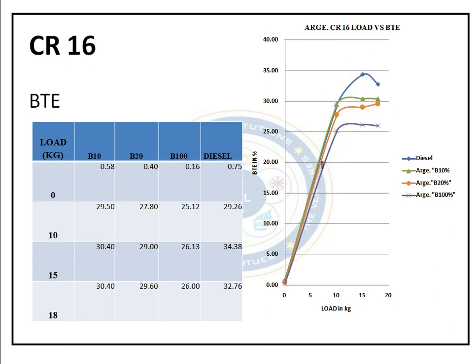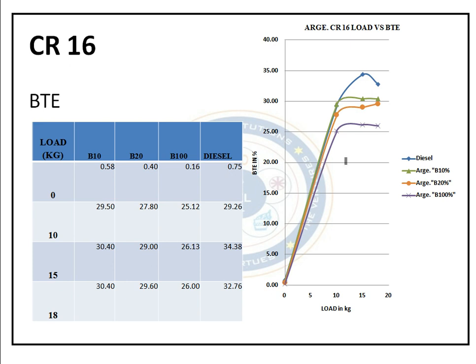For compression ratio 16, brake thermal efficiency for 0 kg of load, B10 gives 0.58, B20 gives 0.40, B100 gives 0.16, while diesel gives 0.75. For 10 kg of load, B10 gives 29.50, B20 gives 27.80, B100 gives 25.12, diesel gives 29.26.